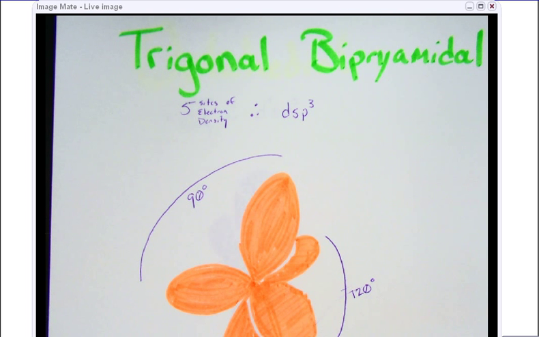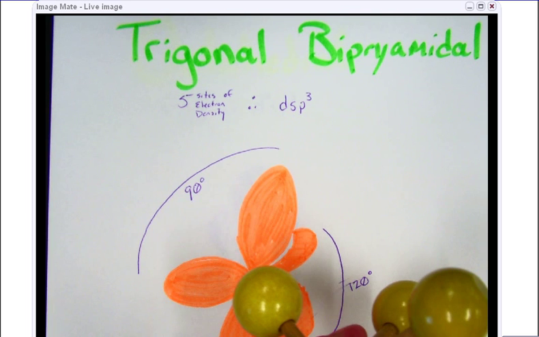And since we're pulling in the expanded octet, we're going to add in the D sublevel. So dsp3 gives us 5 sites of electron density. So dsp3 hybridized would be trigonal bipyramidal. And it's called trigonal bipyramidal because it's like having a three-sided pyramid, one on top of the other.